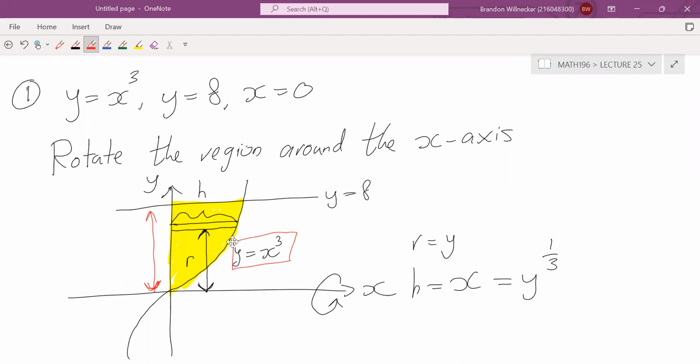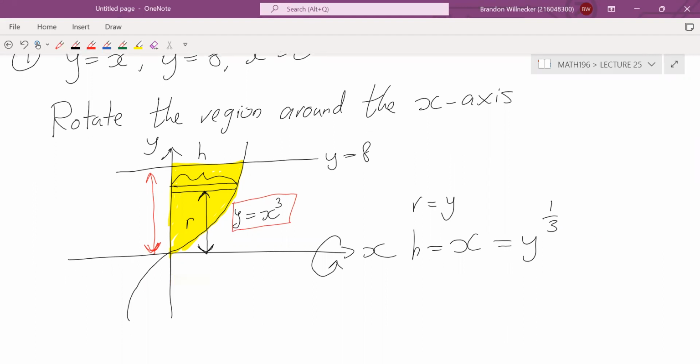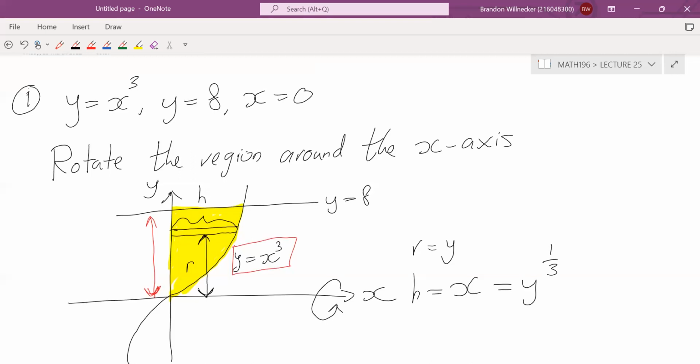Okay, are there any questions about that? Okay, so it's just inverting that to get the horizontal distance x. And then as for the bounds, we're going from 0 to 8, because that's our y values there.